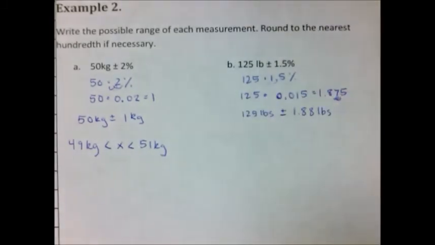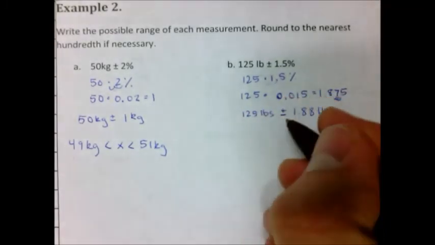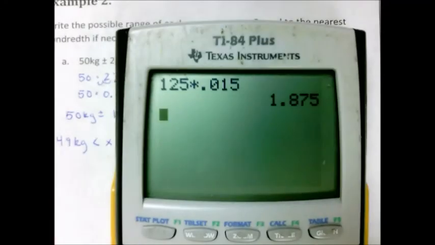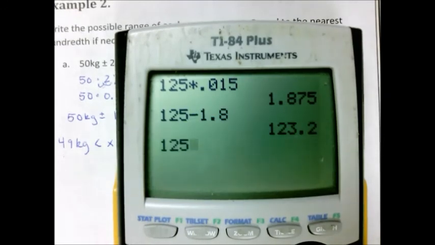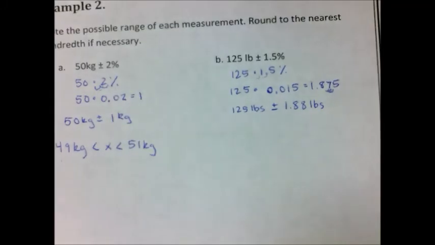So let's get our range. Our range is going to be 125 pounds minus 1.88 pounds. 125 minus 1.88 is 123.12.